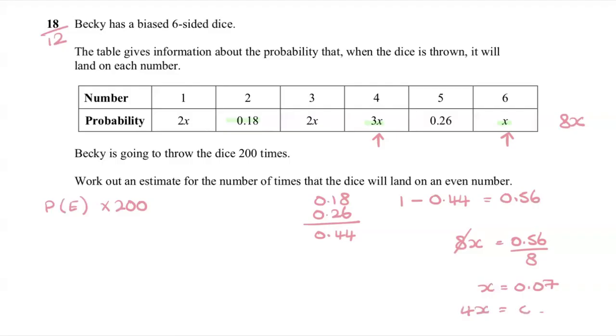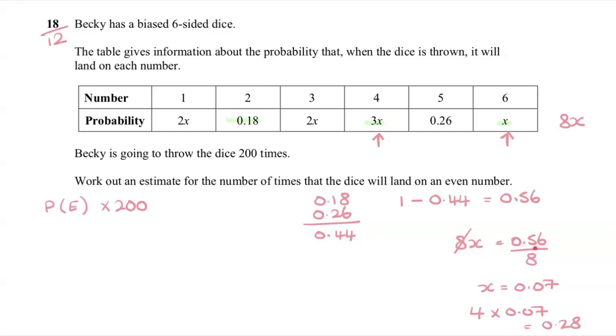So we're going to be timesing 0.07 through by 4 to give us 0.28.